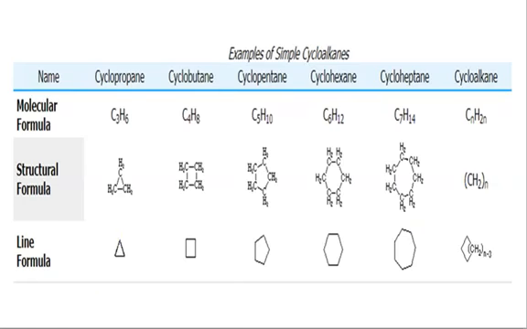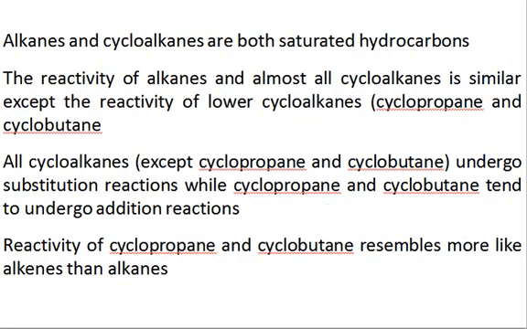Right, now we have seen that alkanes are saturated, cycloalkanes are also saturated, and the reactivity of the alkanes and almost all of the cycloalkanes is quite similar, right? I'm not saying all cycloalkanes, I'm saying almost all cycloalkanes, but the reactivity of lower cycloalkanes is different.